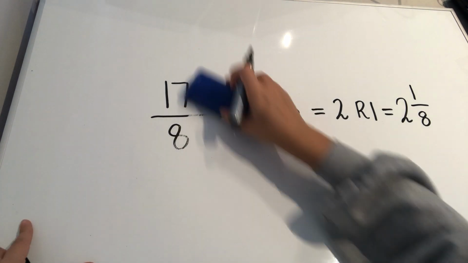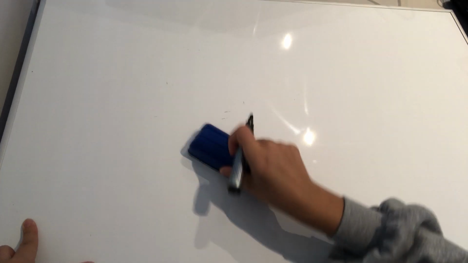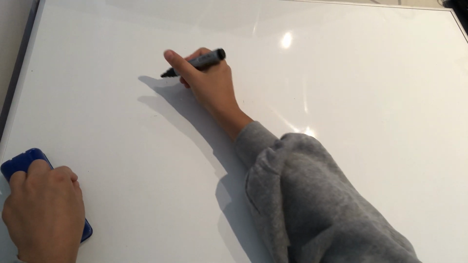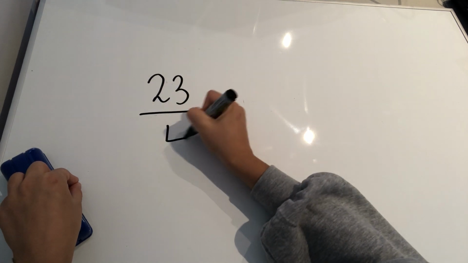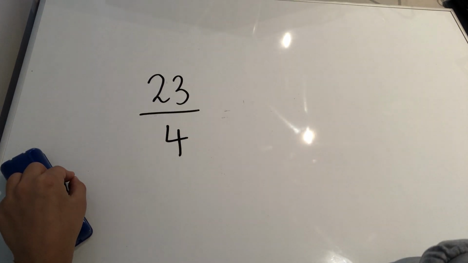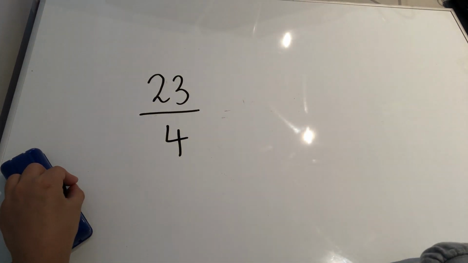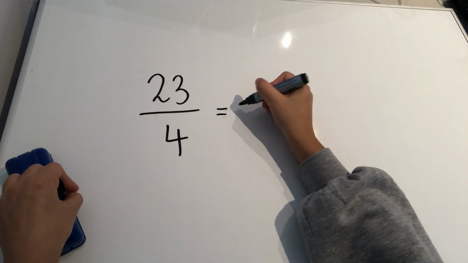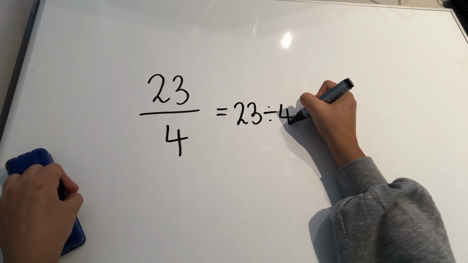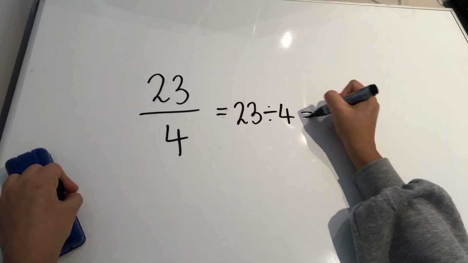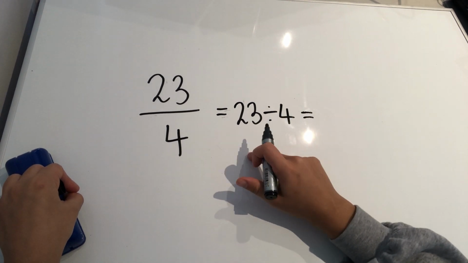Let's try a few where we're just converting our improper fractions to mixed numbers before we begin our subtraction. The next one, 23 over 4. We can see straight away it's an improper fraction because our numerator is larger than our denominator. So we divide our numerator by our denominator. 23 divided by 4 is the same as saying how many 4s go equally into 23.